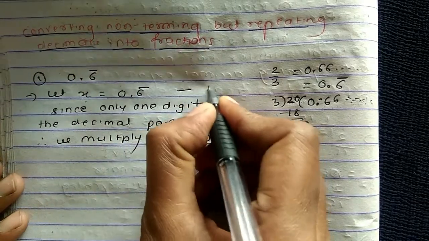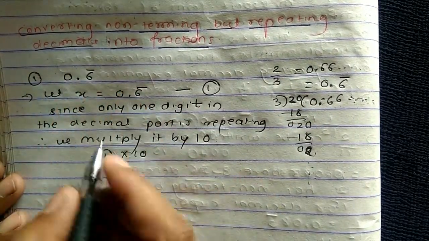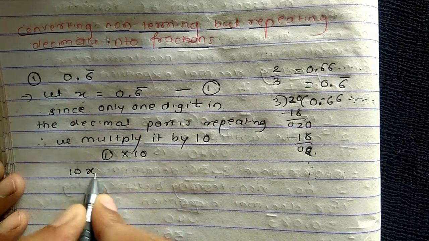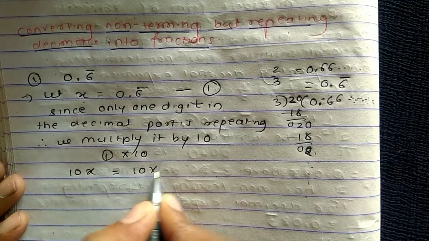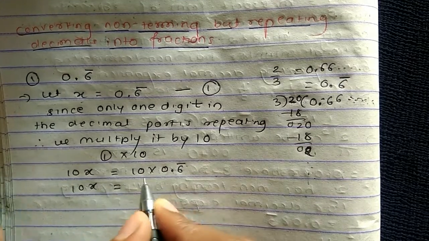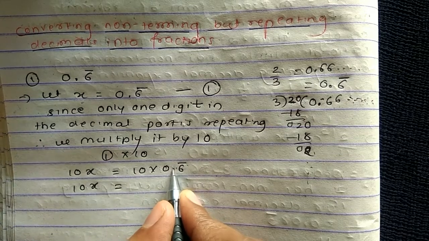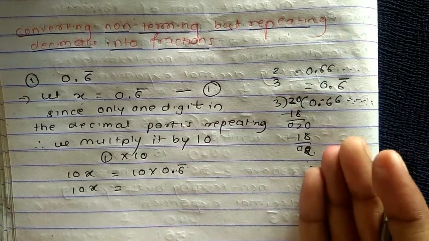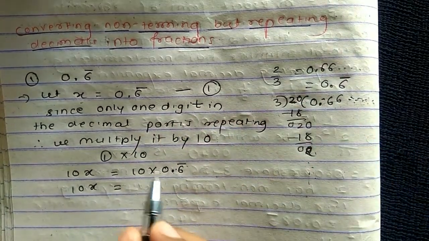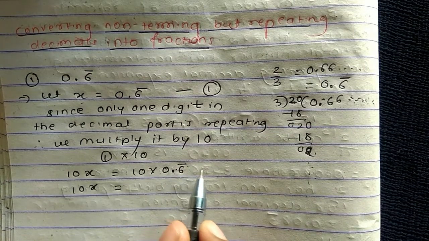I'll name this as equation 1. Multiplying both sides by 10, 10 into x is 10x. Here we know when we multiply with 10, the point will shift to the right. If you multiply with 100, the point will shift after two digits.